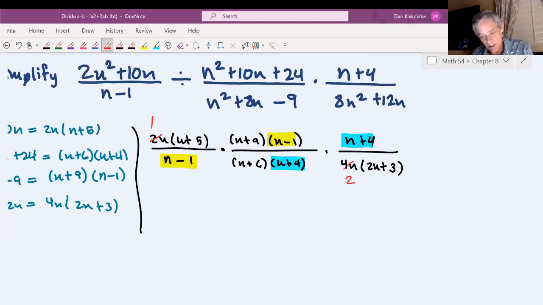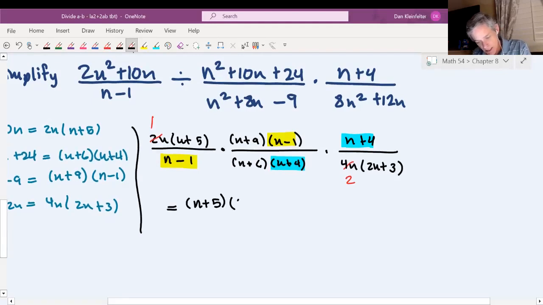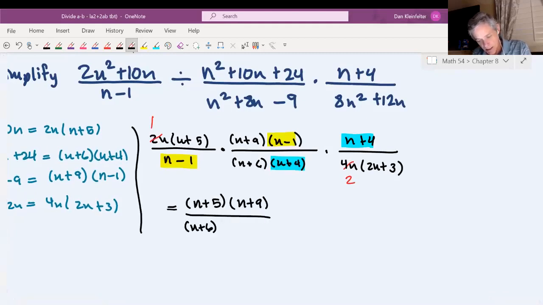So let's see, is that everything? I think that's everything. So what's left? We have n plus 5 times n plus 9. And then down below, we'll have n plus 6, 2, and then 2 and 3.